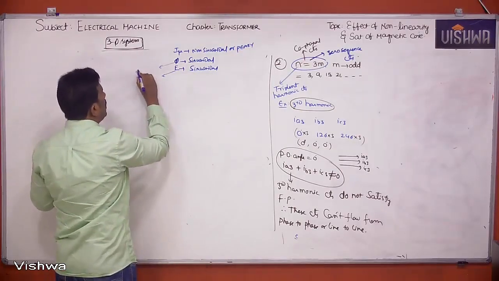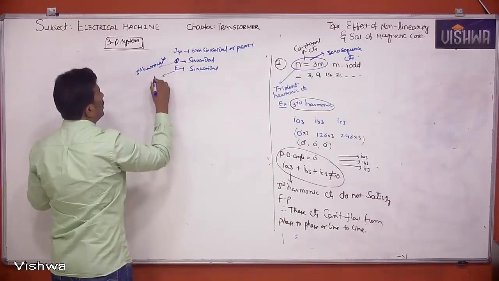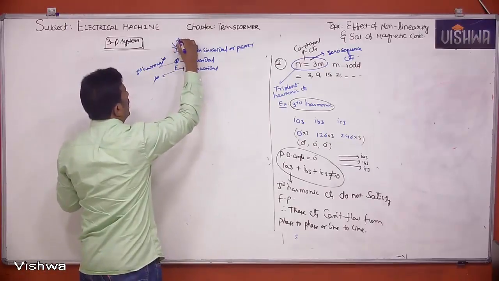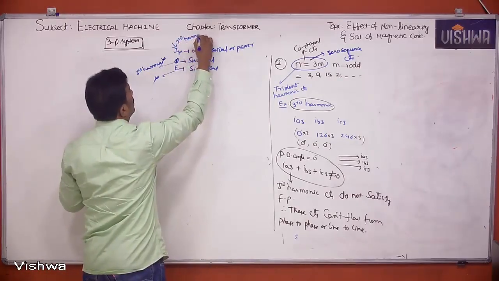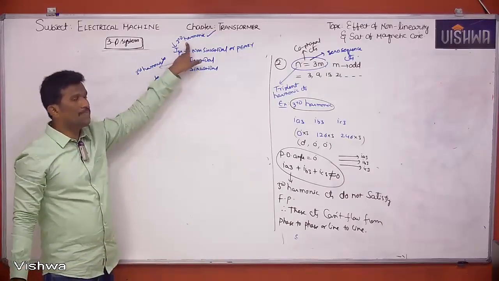If we don't want third harmonic in the flux and EMF waveforms, the IME waveform should have the third harmonic. That is our conclusion from the previous session.